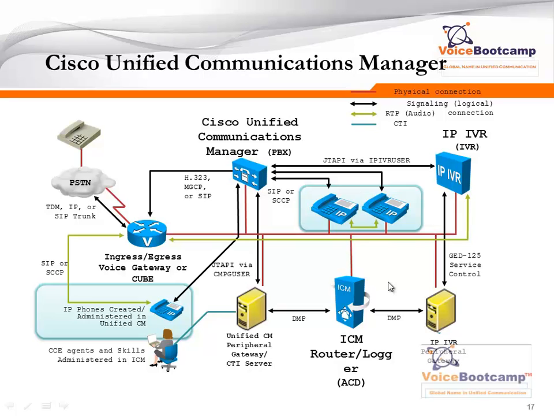Now, Cisco IP Phone Agent, or IPPA, can run as an IP phone XML service and be associated with a particular phone. So a user can use a desk phone to provide a call center solution. IPPA is a CAD-based agent interface that does not communicate with CTI OS service.